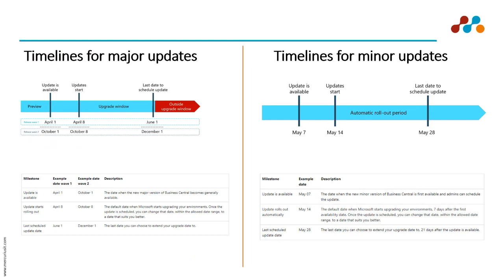Say, for example, I can choose a date of 15th of May. That gives me a breathing period in between to test my application, to make sure that my customizations work, or the users have adapted to the new features.